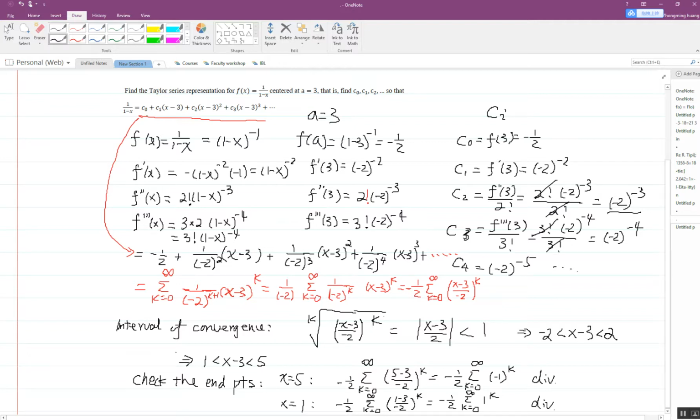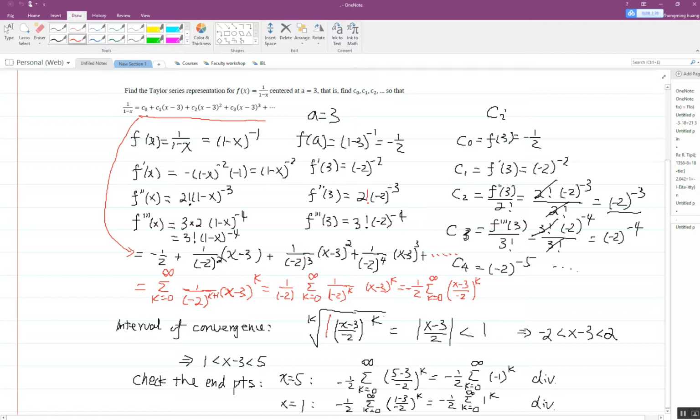And speaking of the interval of convergence, you can certainly use the ratio test. But here I choose the root test because I see the power k. So I apply the root test here. One thing that I on purpose did not write on my original writing is what I want to emphasize now with you.